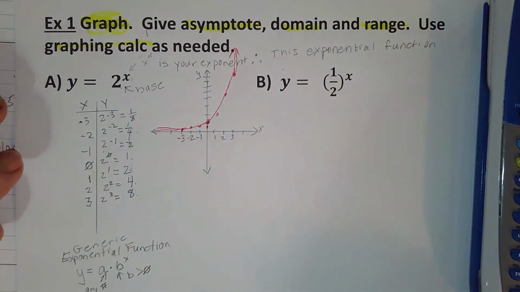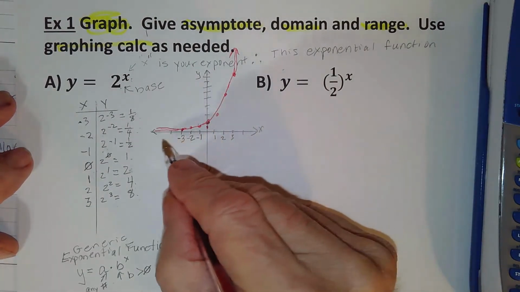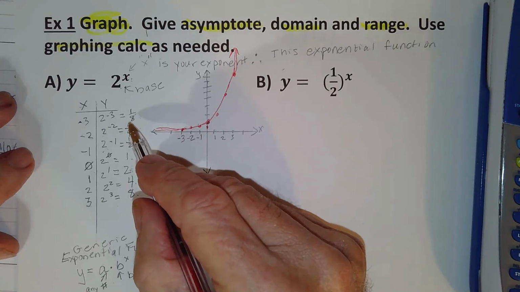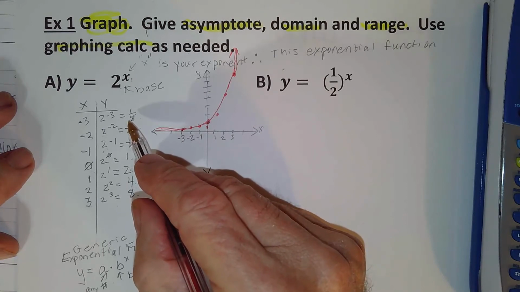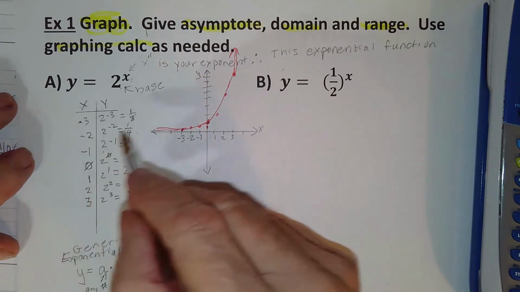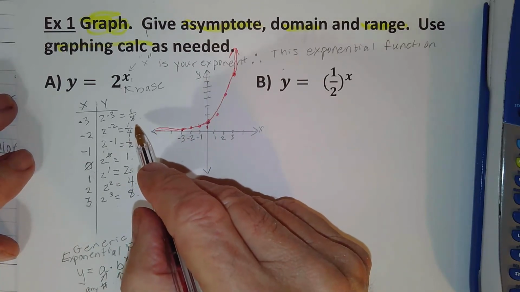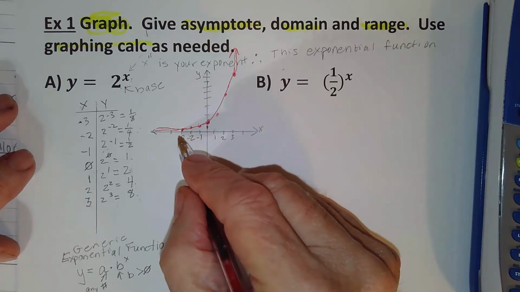And as it gets close to the x-axis, you'll notice it gets closer and closer, but it's never going to get to 0. I mean, we can go out 1,000 miles and it still won't be at 0. The y would be at some infinitesimally small fraction, but it still would be above the x-axis.